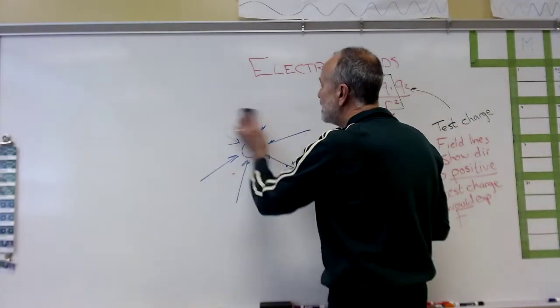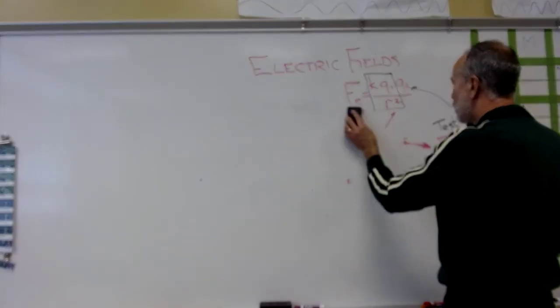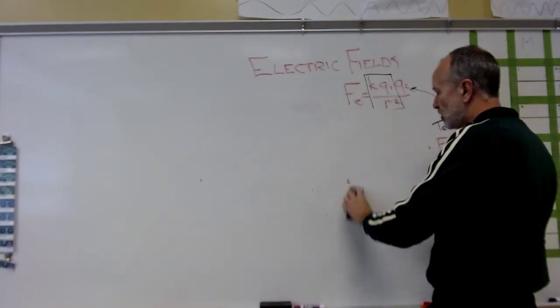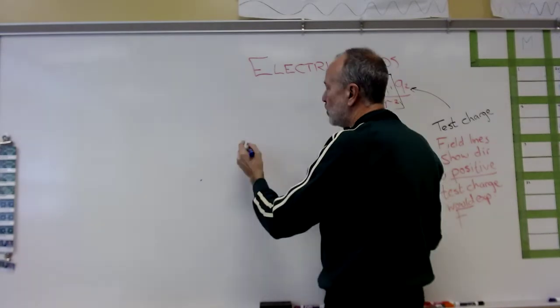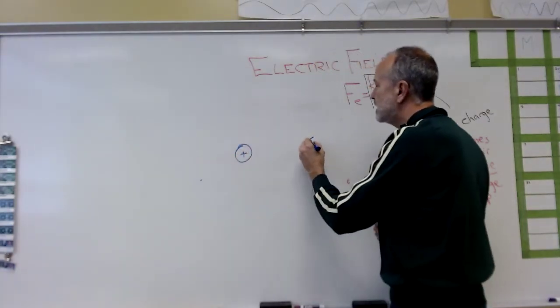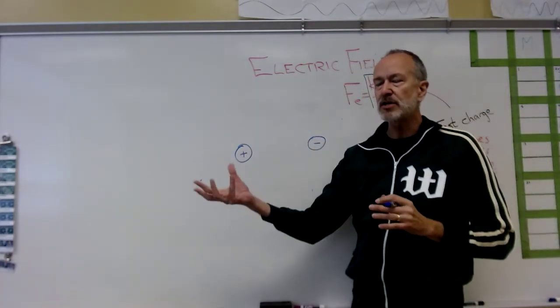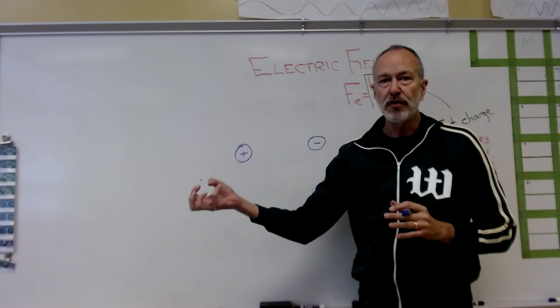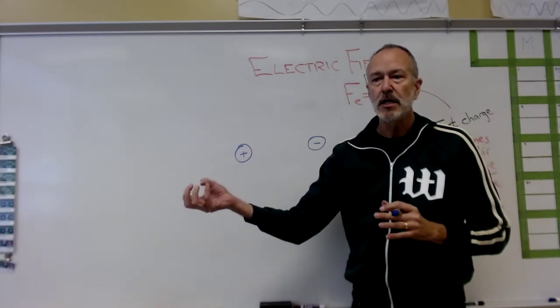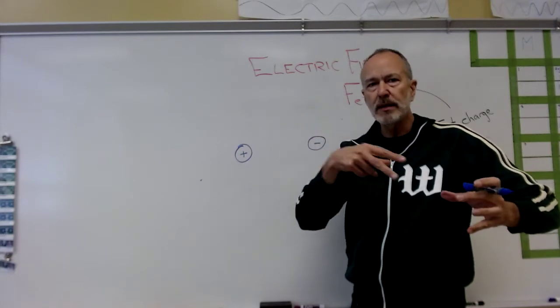So we could have really, really complex field line maps. One that's called a dipole, where we have a positive and a negative. Now we're not even talking about just the Earth when we're talking about gravitation. We're talking about two planets, and I put a third thing in there. Where will it get pulled?